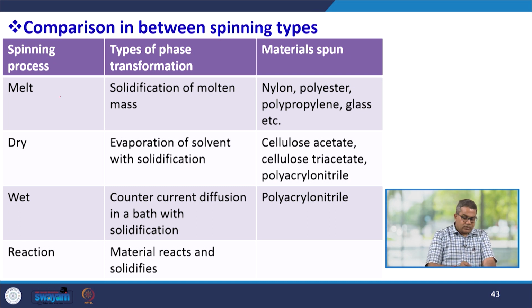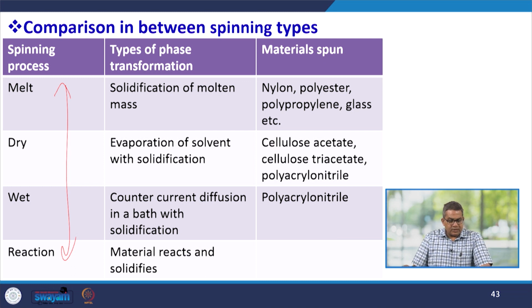Now here is the comparison between the spinning types. So we have enlisted all four spinning processes which we discussed in the previous slides. Like melt, this is the type of the phase transformation and the materials spun. The melt, the solidification of molten masses.